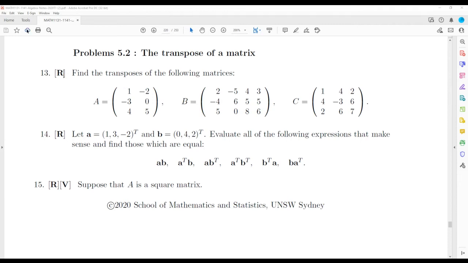Here is row 1, that would become column 1. Here's row 2, that would become column 2. Here's row 3, that would become column 3. So let's just do one of these questions, and then we can move on to something a bit more difficult.